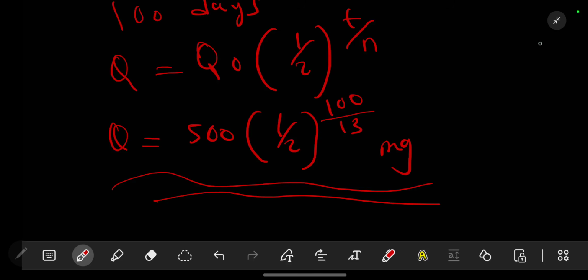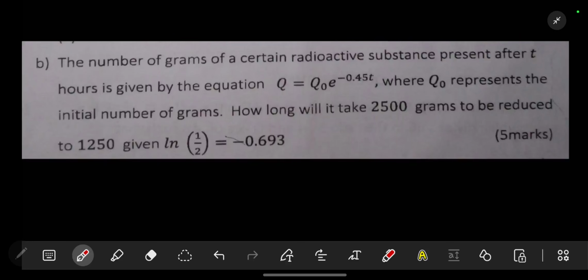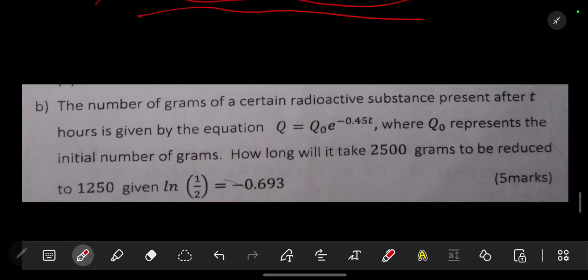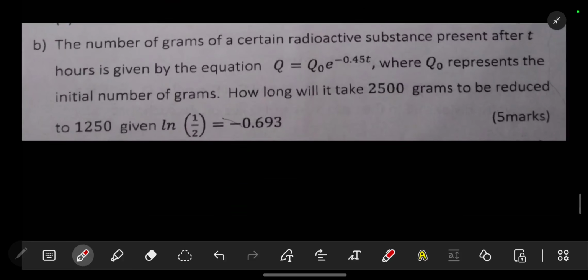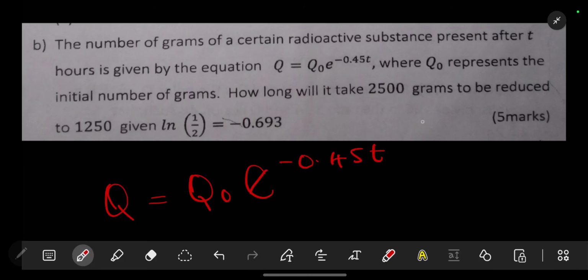So let's move on to our next question. We have the number of grams of a certain radioactive substance present after t hours given by the equation Q should be equal to Q0 times e to the negative 0.45 t, where Q0 represents the initial number of grams. Then we are told, how long will it take for 2,500 grams to reduce to 1,250, given that the ln of 1 over 2 is equal to this value.